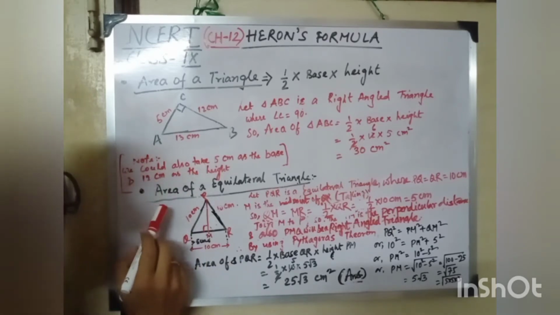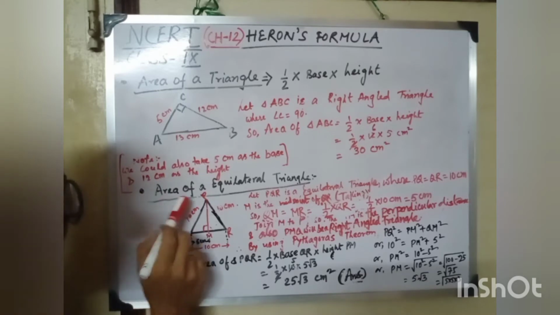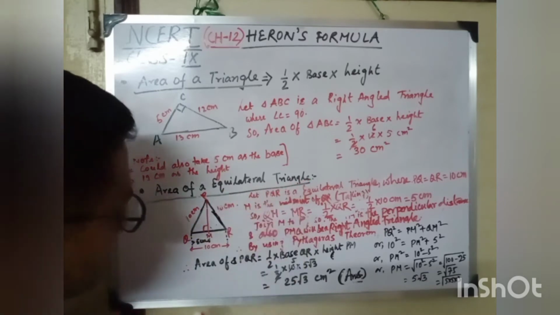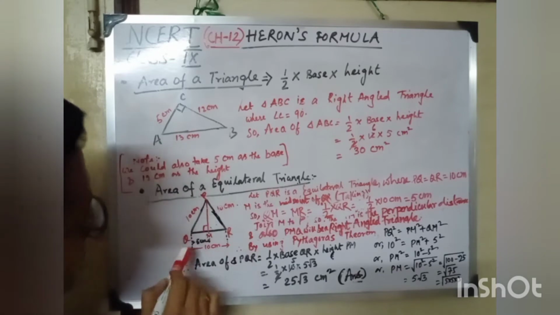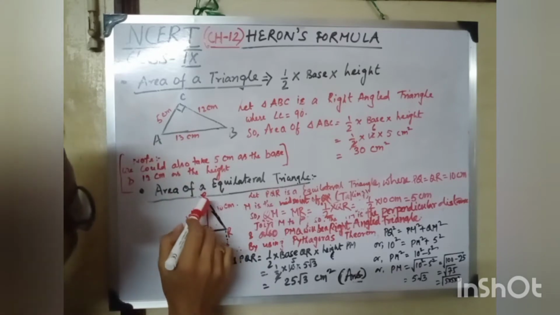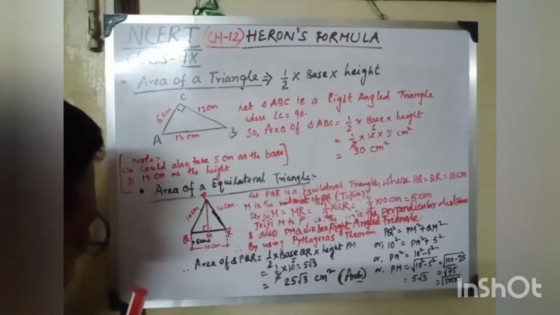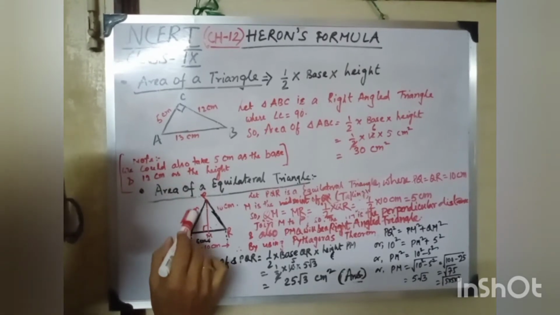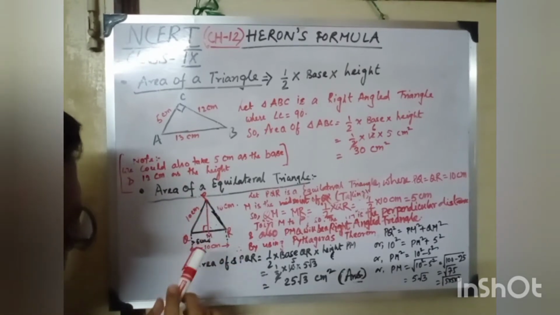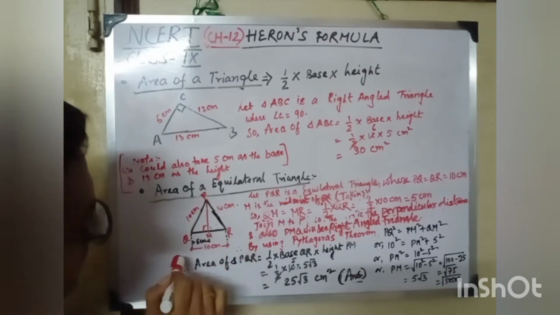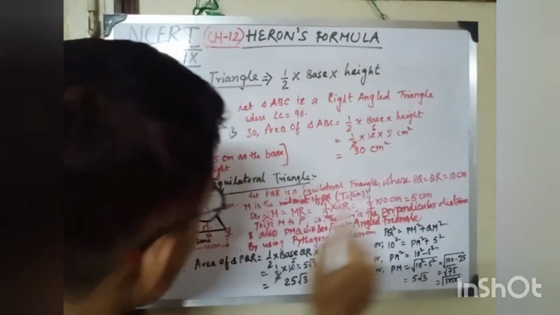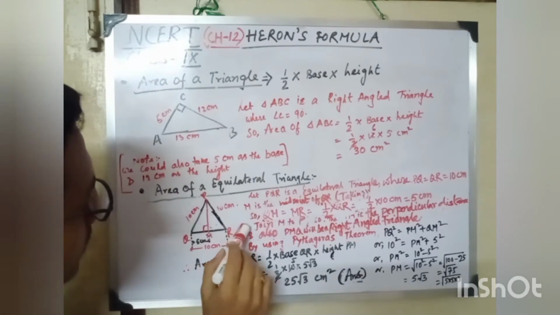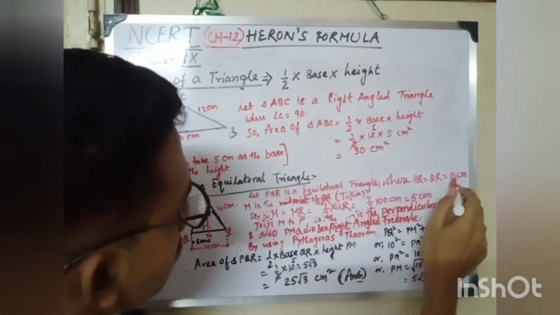how we can calculate the area of an equilateral triangle. An equilateral triangle means the triangle having all sides equal. We have taken 10 centimeter for each side. PQR is an equilateral triangle where PQ is equal to QR is equal to RP is equal to 10 centimeter.